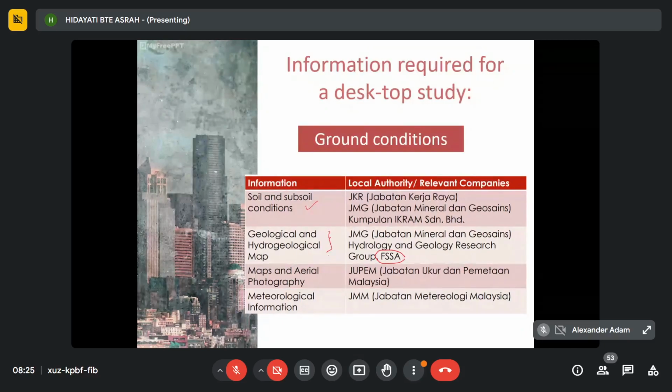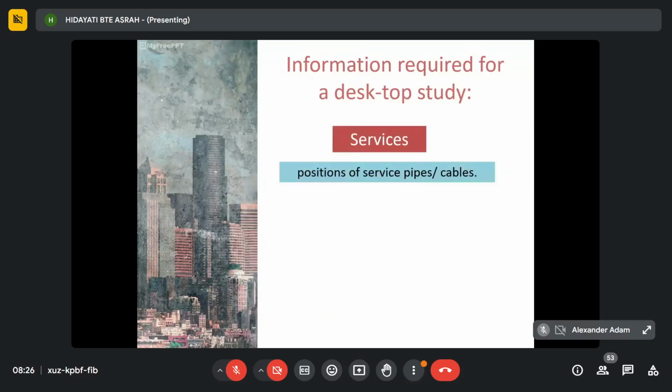Okay, map and aerial photography also from JUPEM, and meteorological information from Jabatan Meteorologi Malaysia. So all this information you can refer to these local authorities. Okay. Next that you need to know is services.